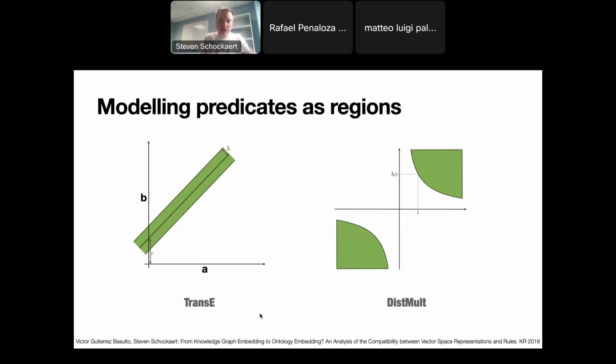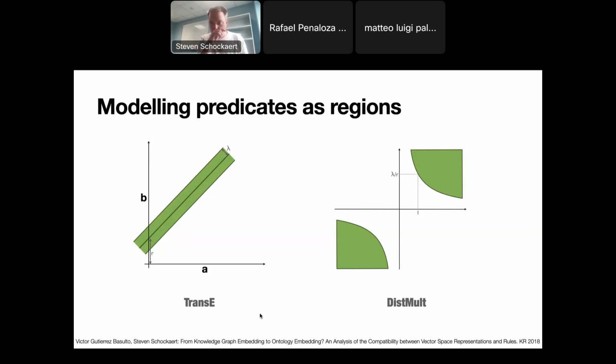So all the pairs of entities that are assumed to satisfy relation R, that are instances of relation R, in this two-dimensional space are located in this sort of unbounded convex region, and so we can do the same with basically any knowledge graph embedding model. We just put a threshold on the scoring function. The only thing that differs is the shape of the regions, right?